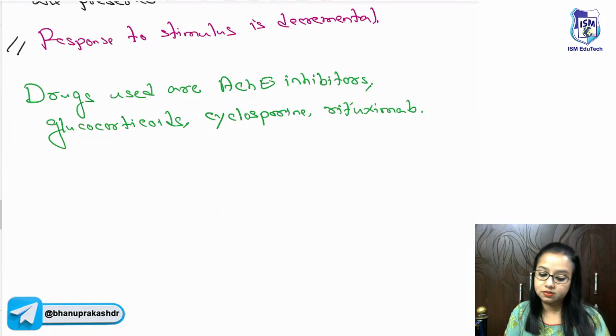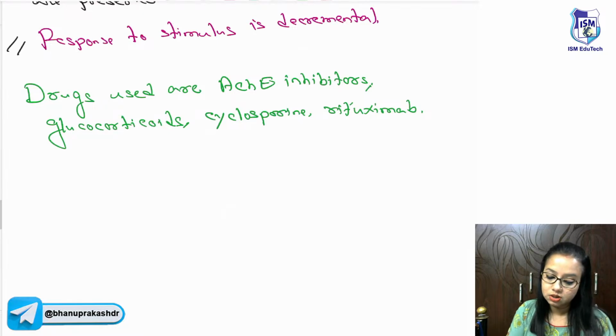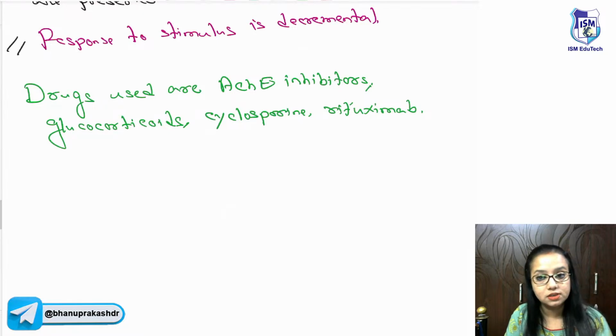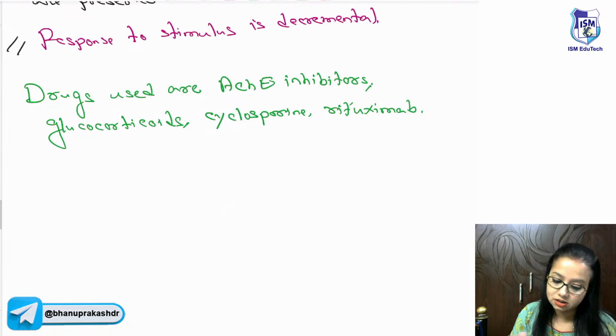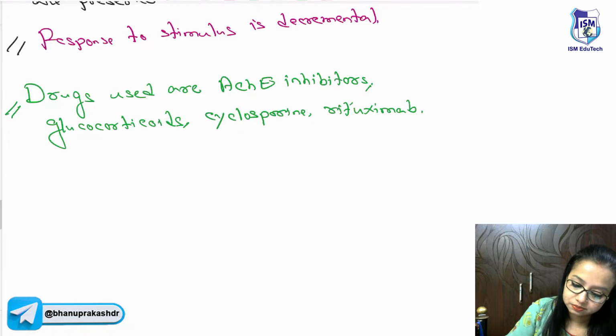These are the drugs that are used to treat a patient suffering from myasthenia gravis, because if the esterase is inhibited, then it will not break down the acetylcholine, because acetylcholine is very less in number due to destruction of the acetylcholine receptor. So the line of treatment is this one.